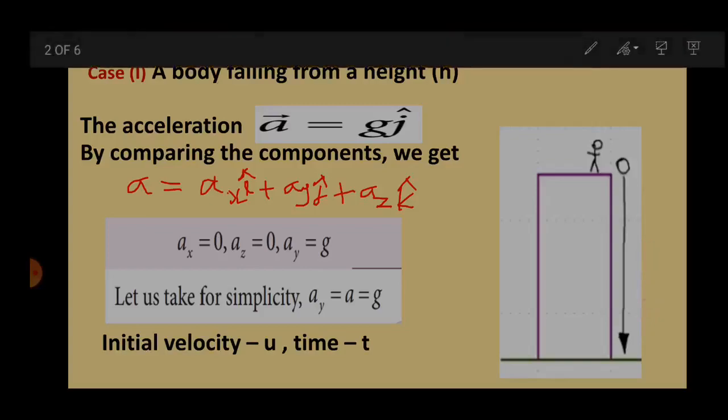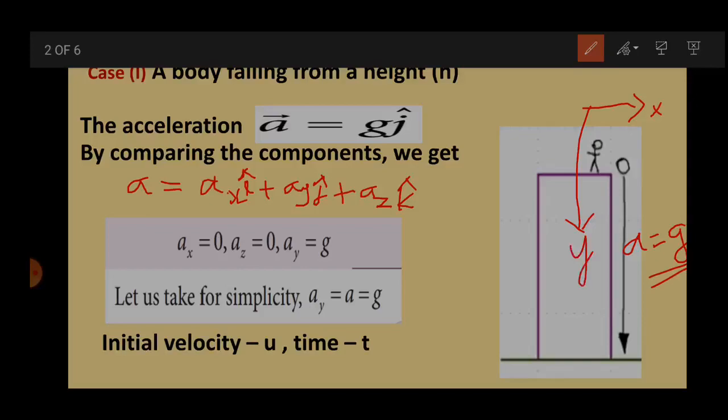So students, now listen to it. This is the acceleration a of an object due to gravity, that is nothing but g, along the y-axis.